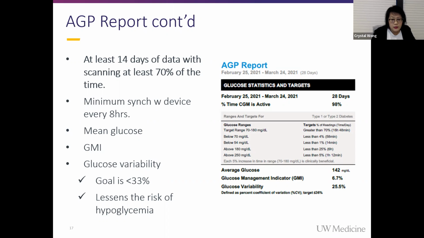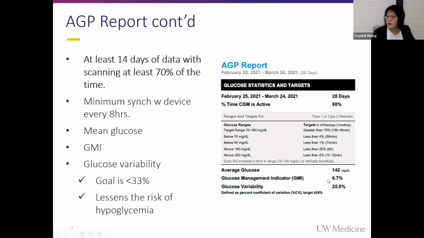So in this part of the report, you're going to find how long they wore it. So this is 28 days. And what percentage of the time their CGM is active and synced. This patient was really good, 98% of the time. It's going to have a little bit about the glucose ranges, although again, that last part of the report I think is more helpful for looking at that.